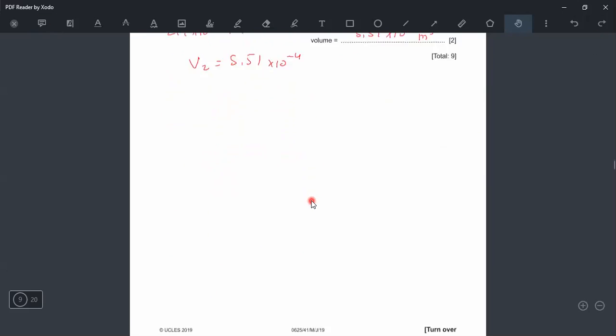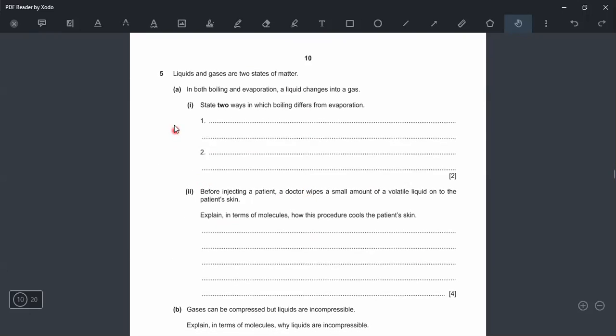Next, liquids and gases are two states of matter. In both evaporation and boiling, a liquid changes to a gas. State two ways in which boiling differs from evaporation. This one is a simple question, though. Boiling only happens at the boiling point, a specific temperature, whereas evaporation happens at any temperature.